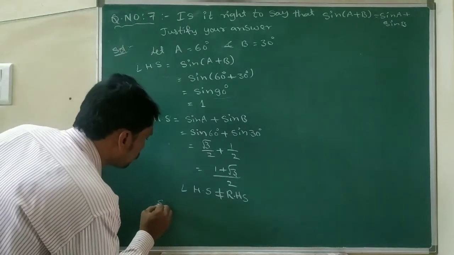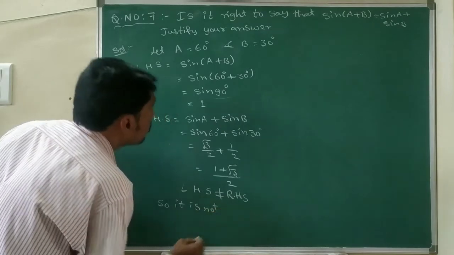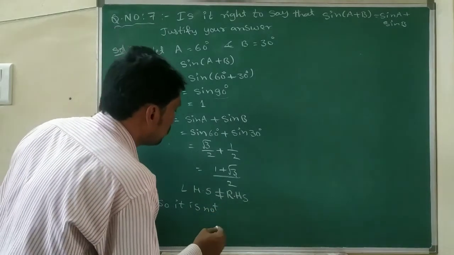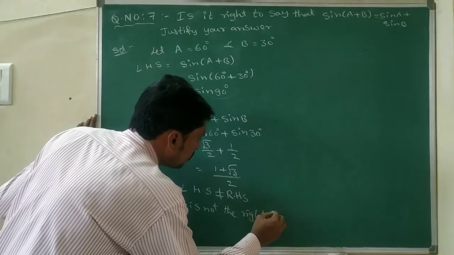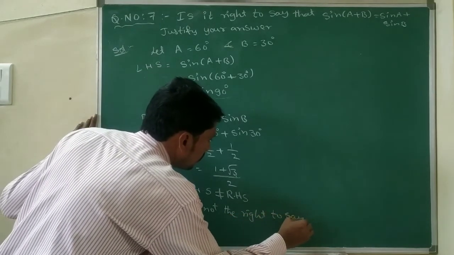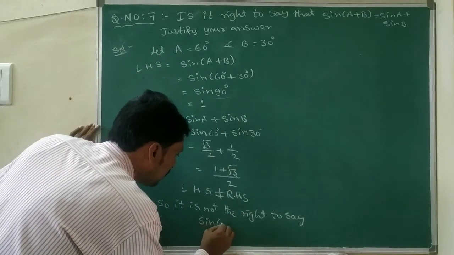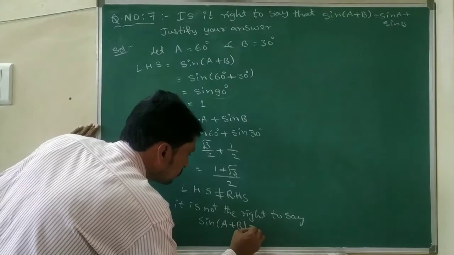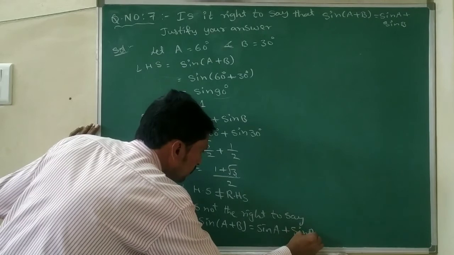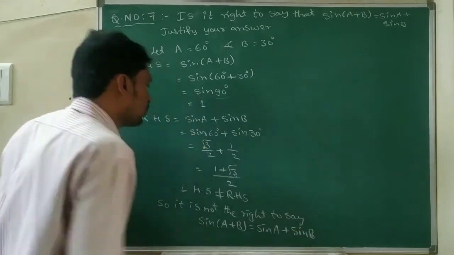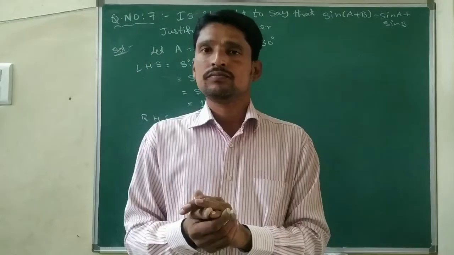So it is not right to say sin(A + B) equals sin A plus sin B. This is the solution for the 7th problem.